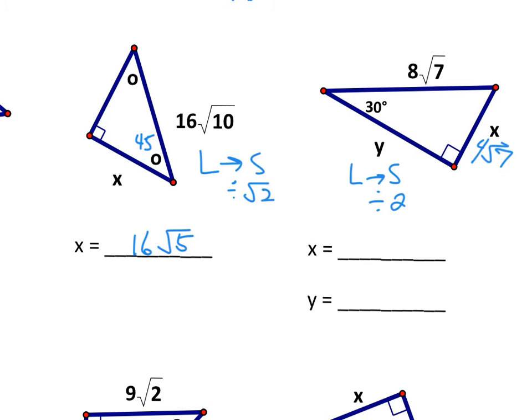Then going from short to medium, we're going to multiply by radical 3. So multiplying the radical 3's together, you would get 4 radical 21. That is 7 times 3 is 21.